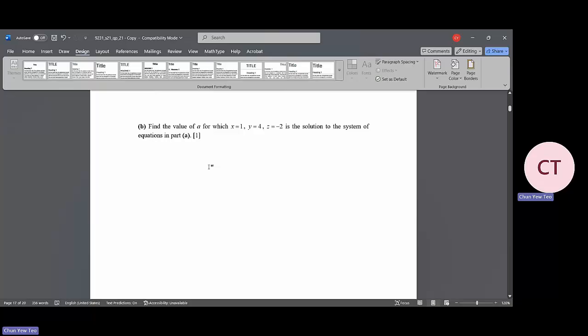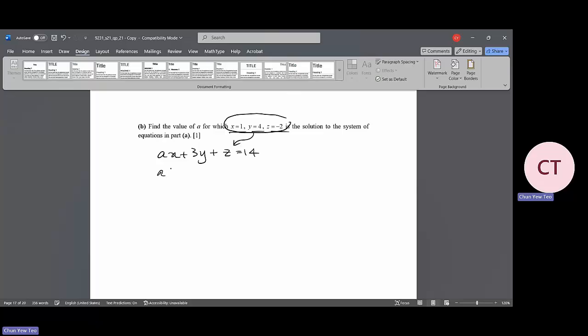Find the value of a for which x equal to 1, y equal to 4, and z equal to -2 is the solution to the system of equations in part a. So we just take this equation, ax plus 3y plus z is equal to 14. We just replace these three values inside here, you get 14, and therefore you can find a.